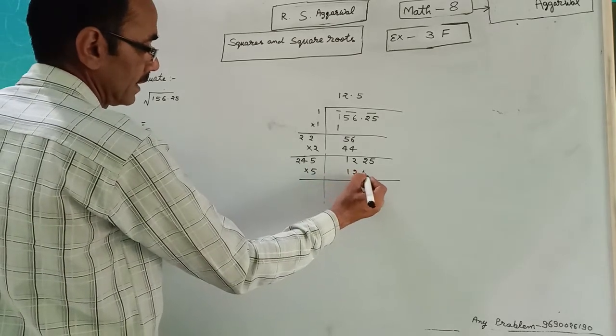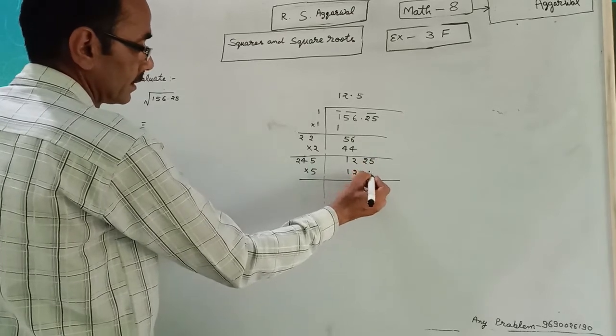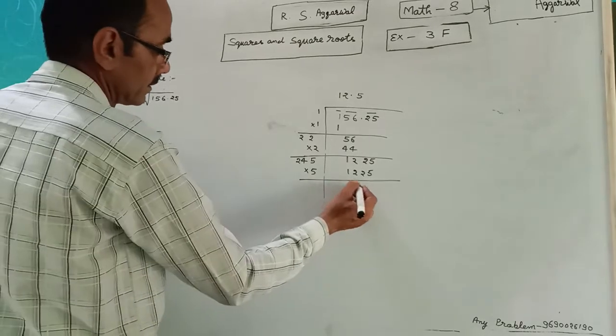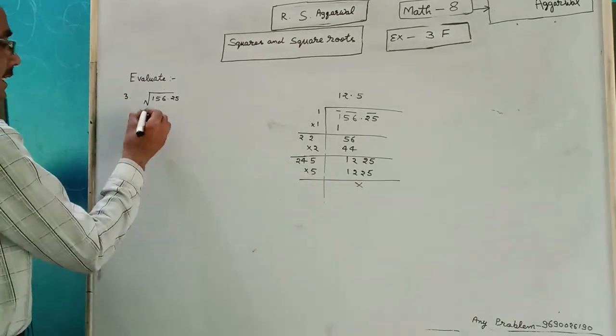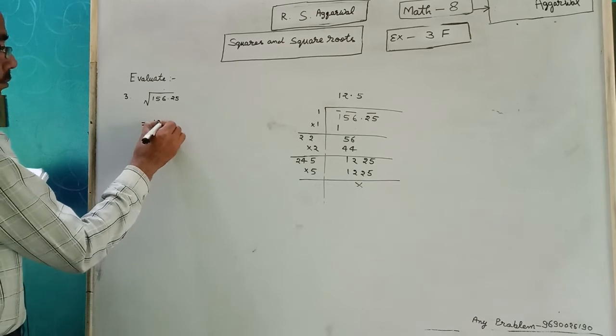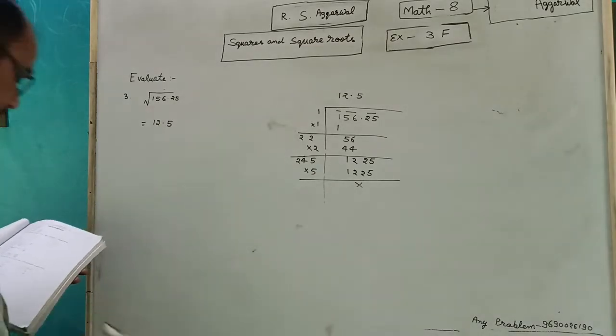After multiply you get the 1225. So we find the square root of 156.25 is 12.5.